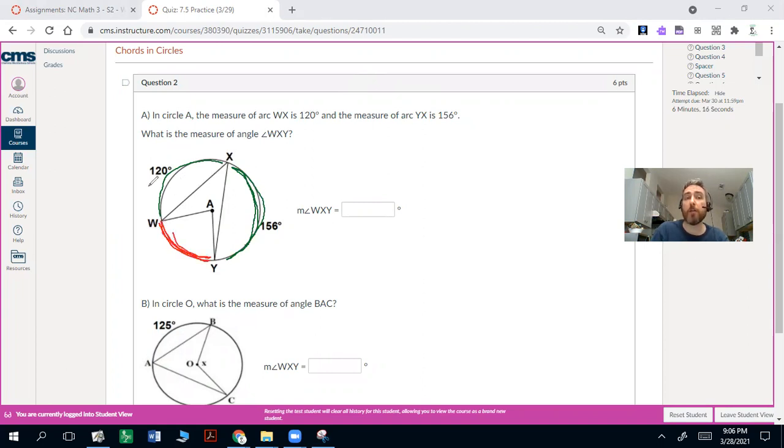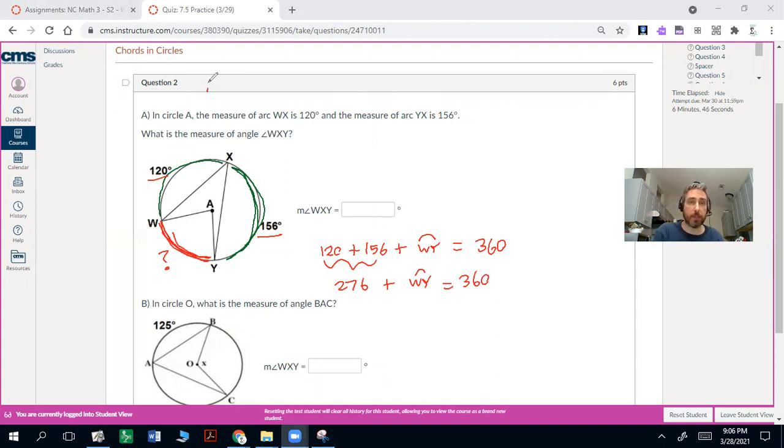So I know that all 3 of these arcs add to 360. So I know 120 plus 156 plus arc WY, that sum is 360. So one thing I can do is add these together, and that's going to give me 276. And if I take that number away from 360, I'll have the leftover amount.